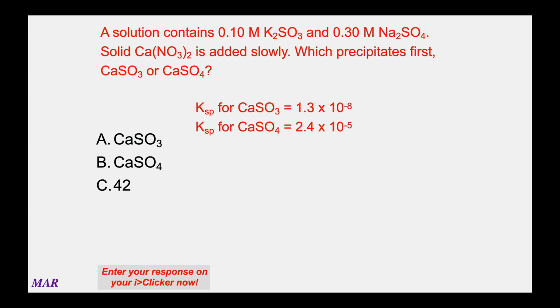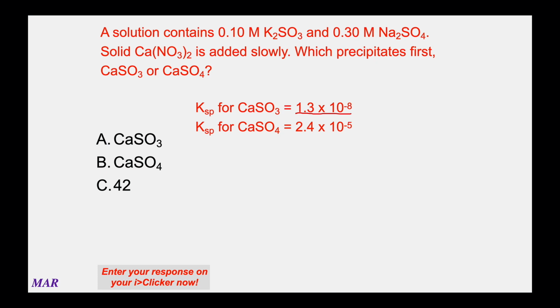But if you just look at the Ksps, 10 to the minus 8th is several orders of magnitude smaller than 10 to the minus 5. Remember, 10 to the minus 5 is bigger than 10 to the minus 8 in this kind of world. So 10 to the minus 8 divided by the sulfite concentration, 0.10, that's going to be, I think, 1.3 times 10 to the minus 7.